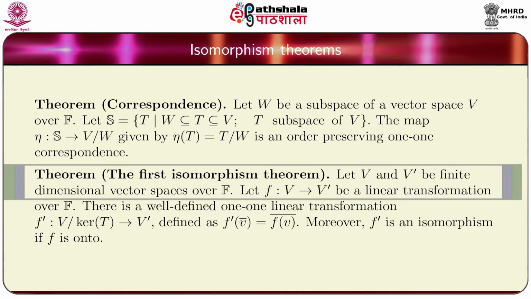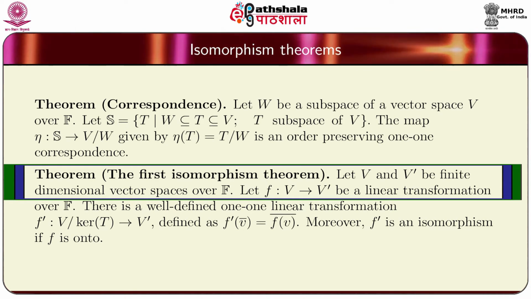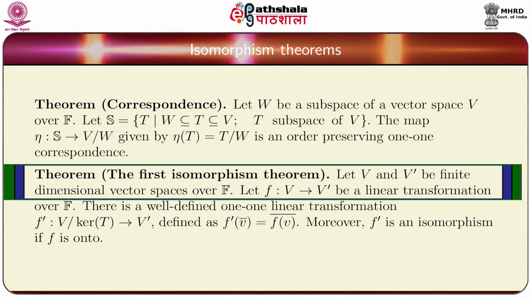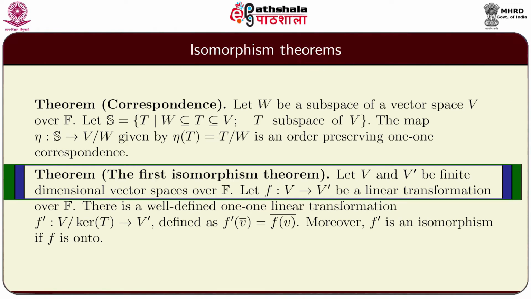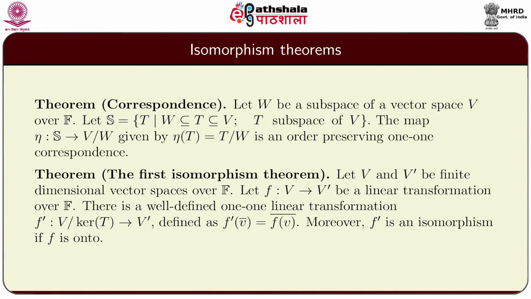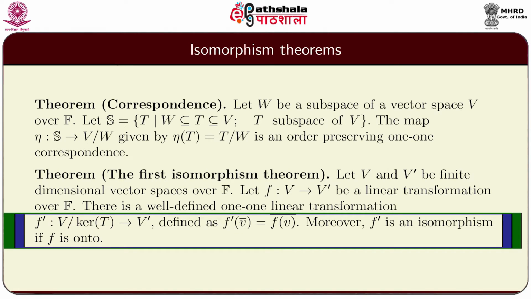Now, the so called first isomorphism theorem, which says that if V and V dash are finite dimensional vector spaces over a field F, and F from V to V dash is a linear transformation over F, then there is a well defined 1-1 linear transformation F dash from V quotient kernel of F to V dash, and the definition of F dash is F dash of V bar is F V bar.